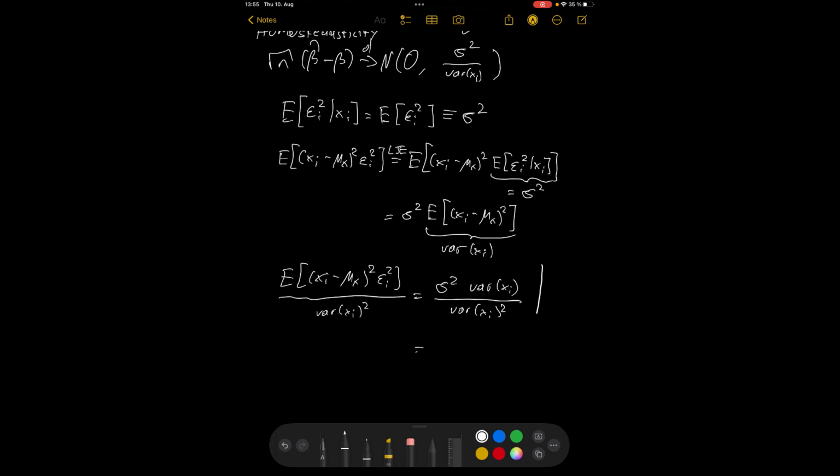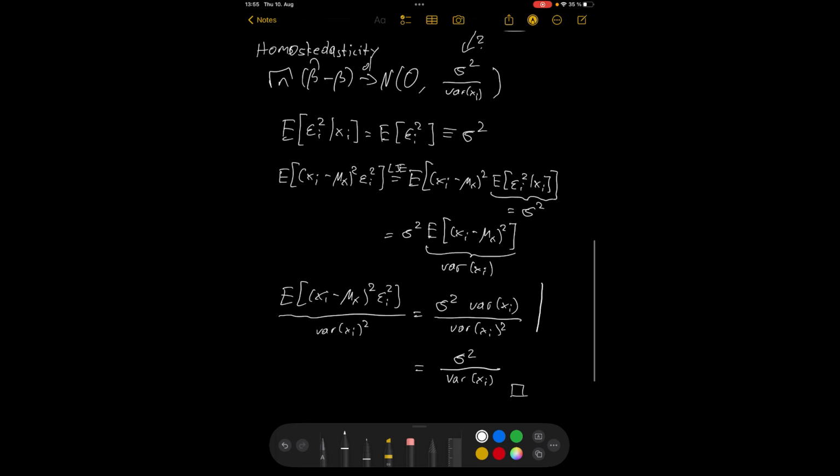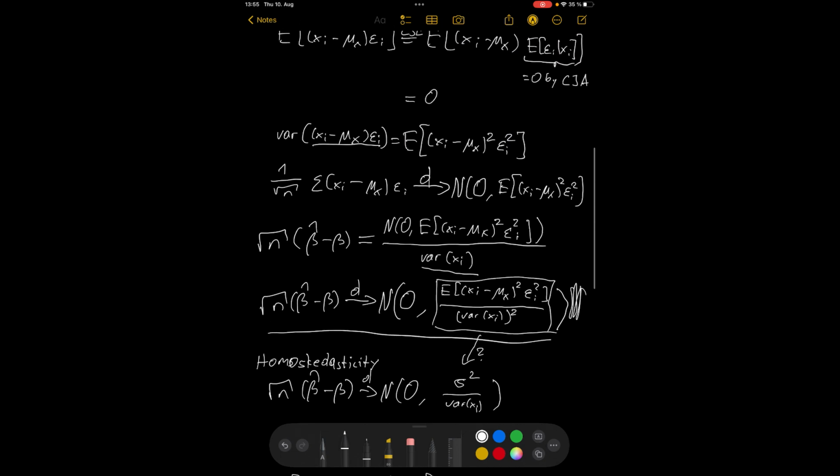And then this is just sigma squared divided by the variance of xi. Now, because we want to feel fancy, we put this empty square to show that we've finished our derivation.